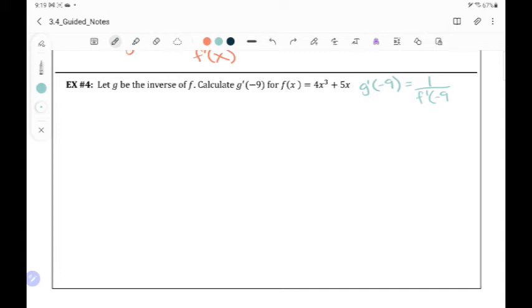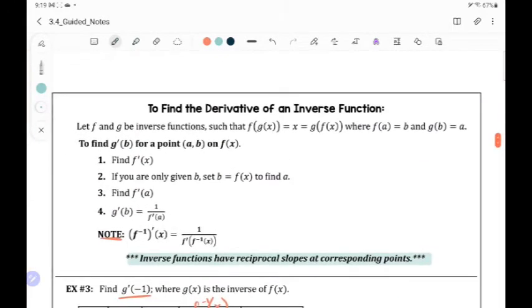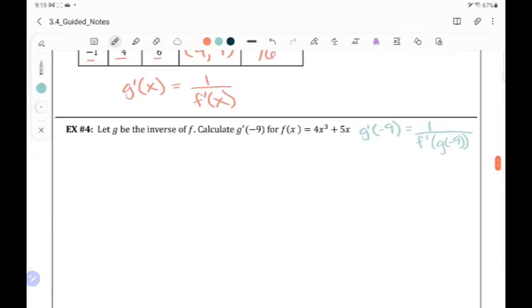It's going to be f prime of g of negative 9, right? Because remember, it's the reciprocal. Using our formula, 1 over f prime of the f inverse of x, it's going to be 1 over f prime of g of negative 9. So let's go ahead and get started.